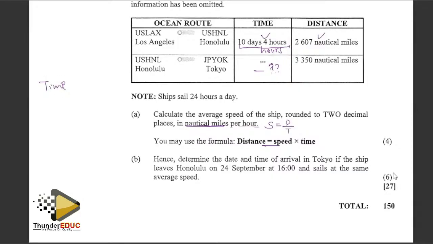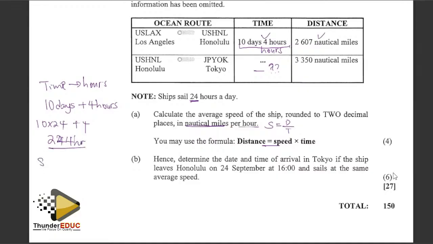So first and foremost, I will need to change my time to hours. Remember, the ship traveled 10 days and 4 hours. So the 4 is already hours. We need to change the 10 days by multiplying by 24, because a day has 24 hours, plus the 4. So the hours here are 244 hours. So this is good.